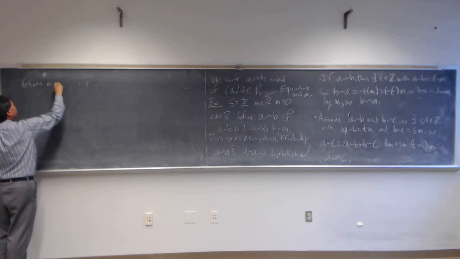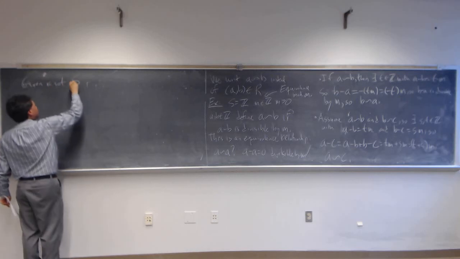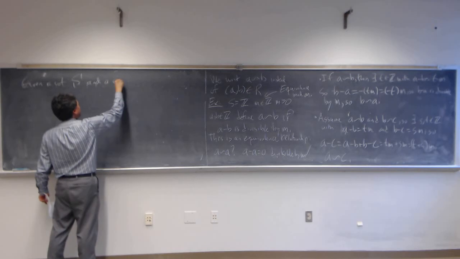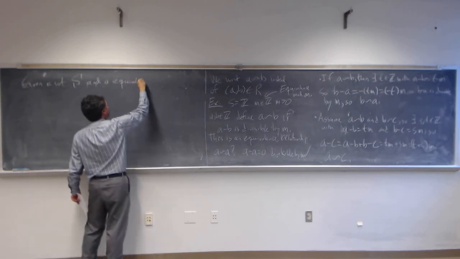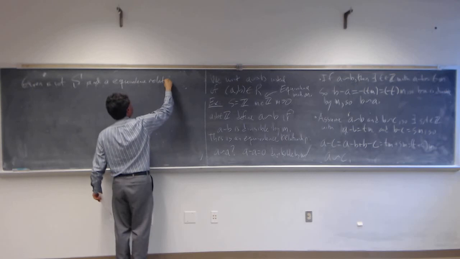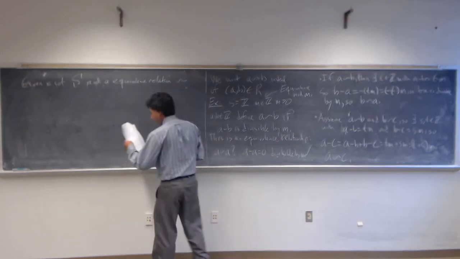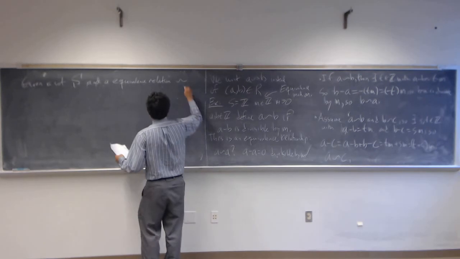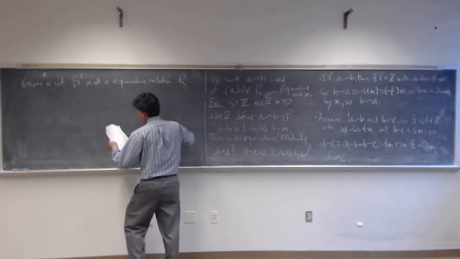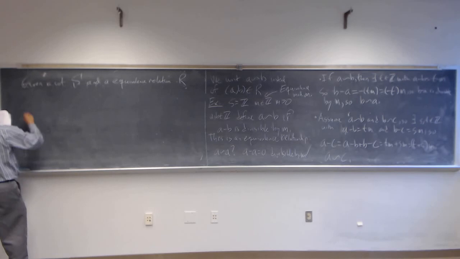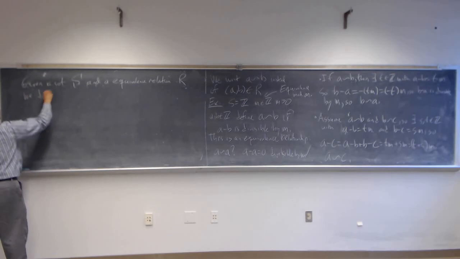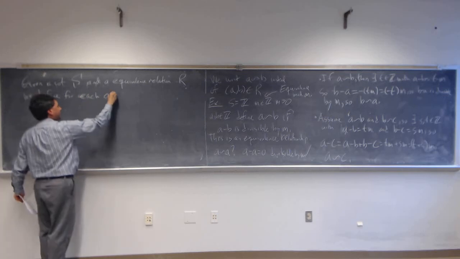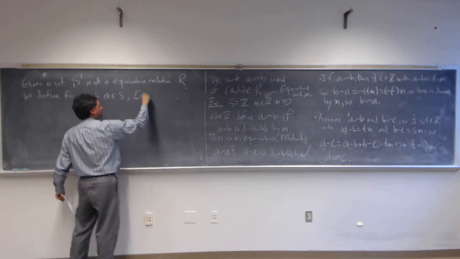So given a set S and an equivalence relation, twiddle or R, we define for each a in S the following set.